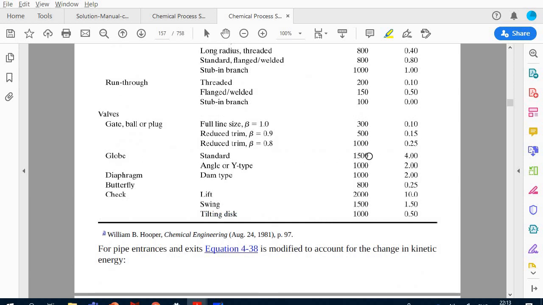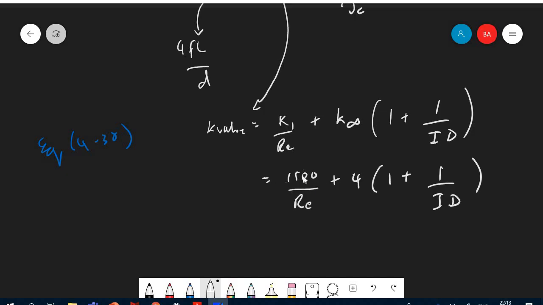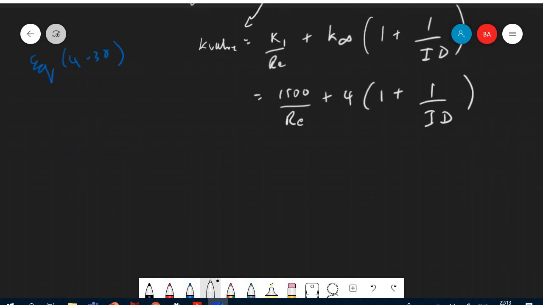What is the value of K1? It's 1500, and the value of K infinity is 4. By this, since I already have the Reynolds number, I can calculate K valve, and of course calculate K pipe.